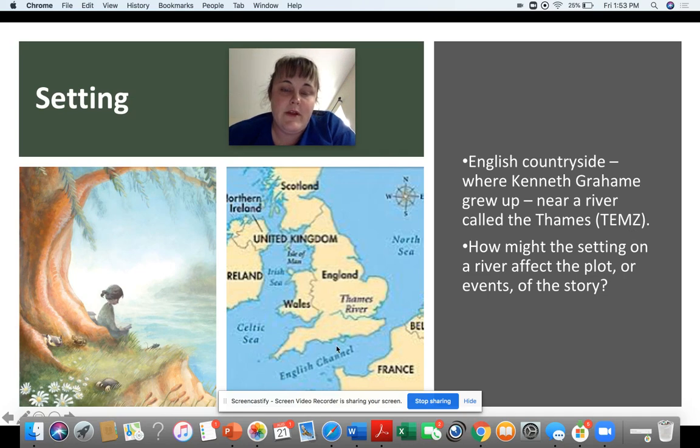So it's located right here on the map. So generally, a lot of times when authors write a story, they use their own background knowledge to help them create characters, create settings, create the plot. So if I look right here in the side, this shows a little girl sitting on the bank of a river. So our main setting in this story is going to be on the river bank of the Thames River. So you can see she's sitting right here on the edge.